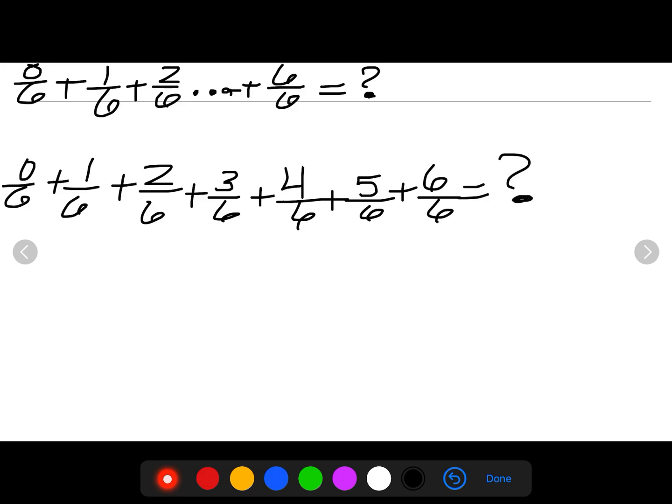And we still don't know what the sum is quite yet. I know that in each of these fractional units, my denominator is 6. So I'm just going to focus on my numerator. We know how to add fractions together. All we're doing is adding the numbers at the top of our fraction, or our numerators. Go ahead and add your numerators together now.